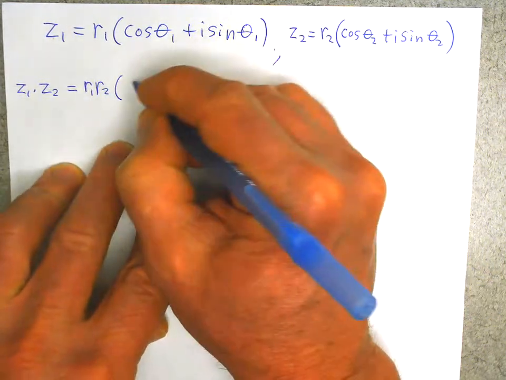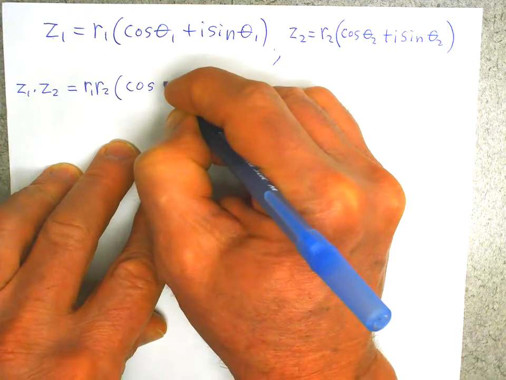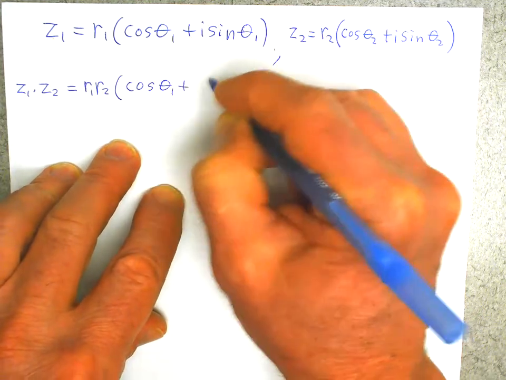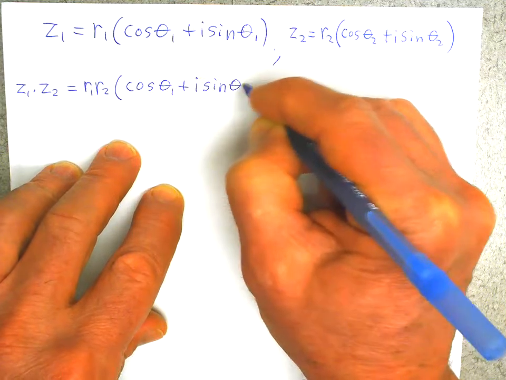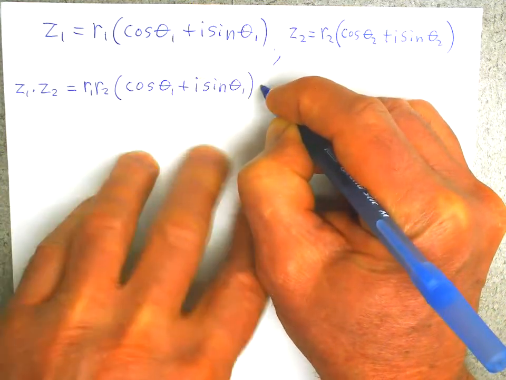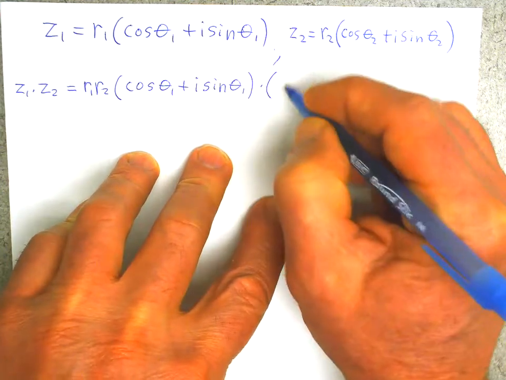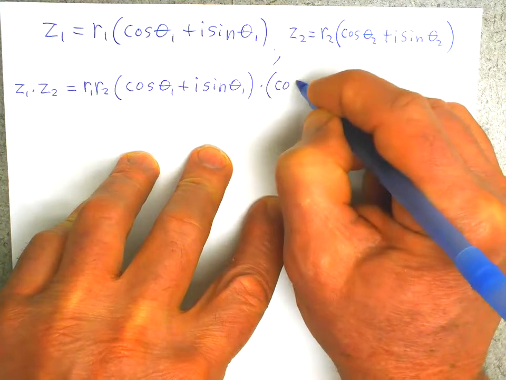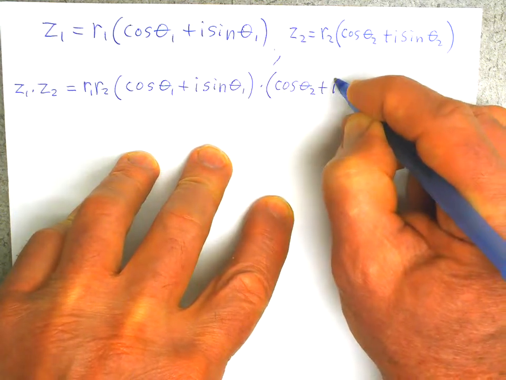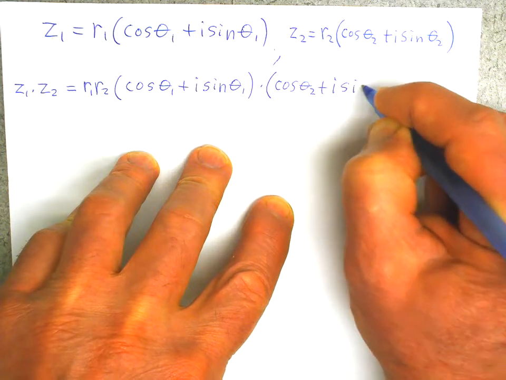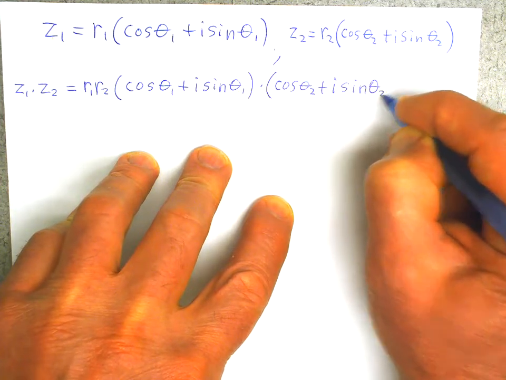And then we'll multiply the quantity cosine of theta sub 1 plus i times sine of theta sub 1 multiplied by the quantity cosine of theta sub 2 plus i times sine of theta sub 2.